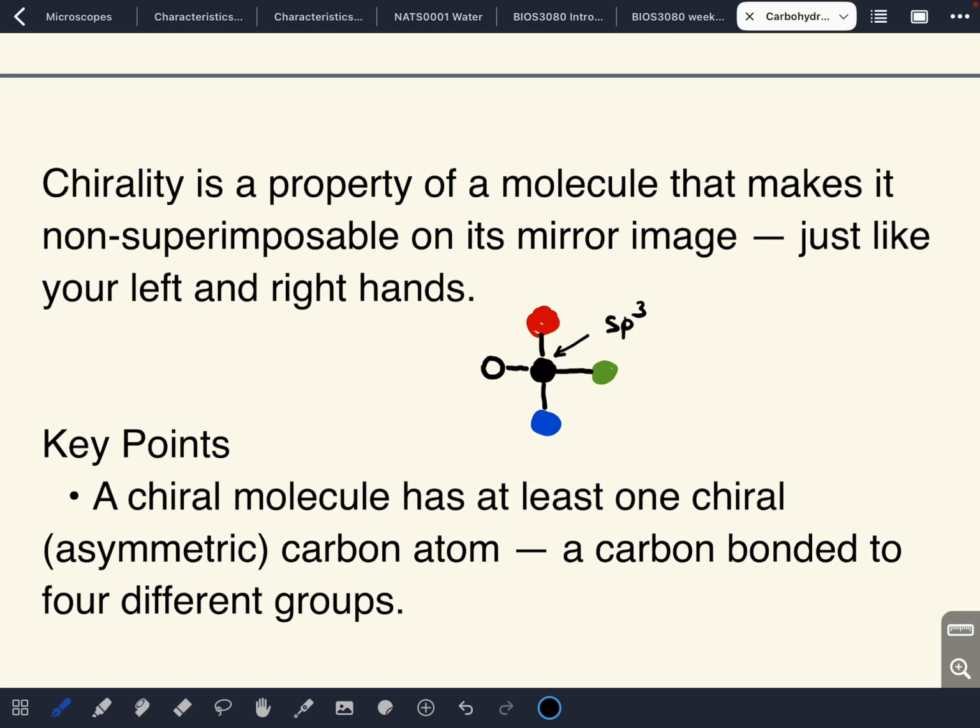And then we have four different connections of this carbon in the middle. It is four different bonds, different groups, and a chiral molecule has at least one of these asymmetric carbon atoms.